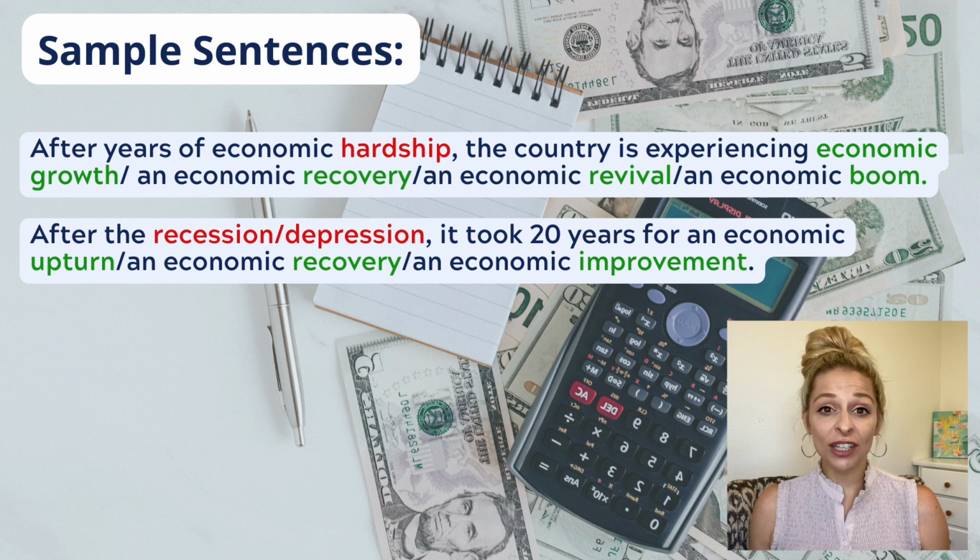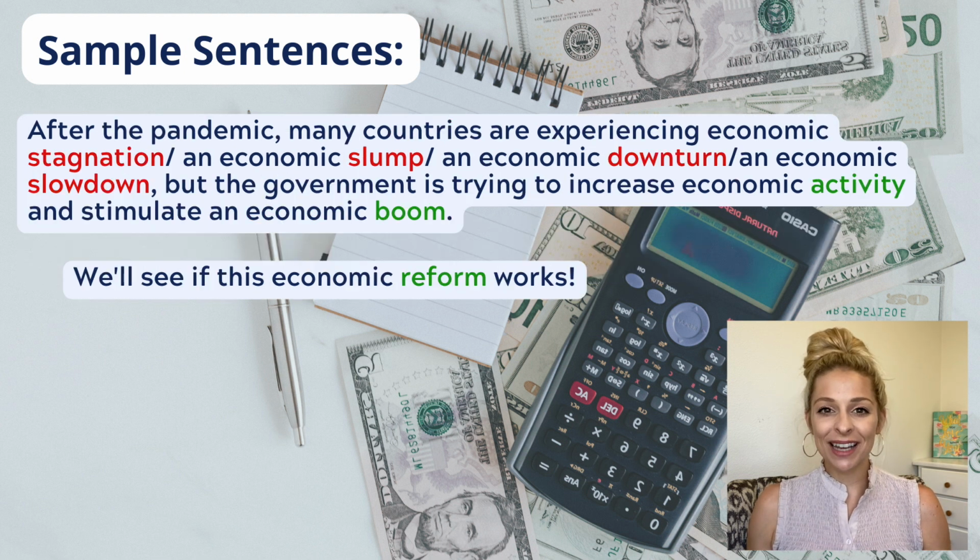After the recession or after the depression, it took 20 years for an economic upturn, an economic recovery, or an economic improvement. Or after the pandemic, many countries are experiencing economic stagnation, an economic slump, an economic downturn, or an economic slowdown. But the government is trying to increase economic activity and stimulate an economic boom. We'll see if this economic reform works.